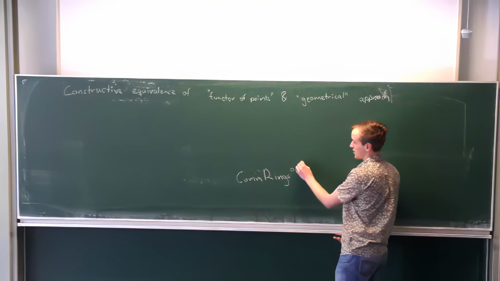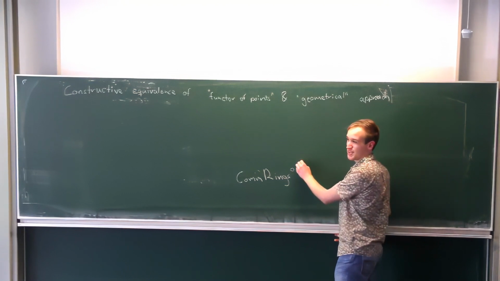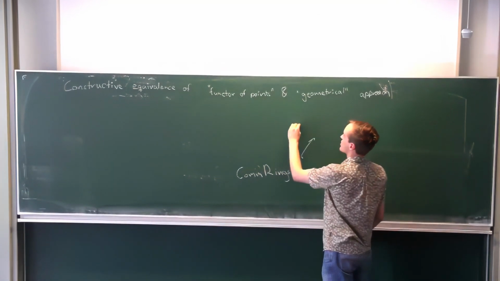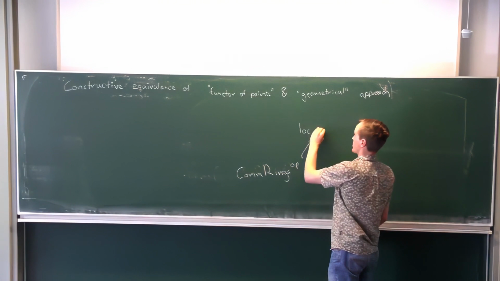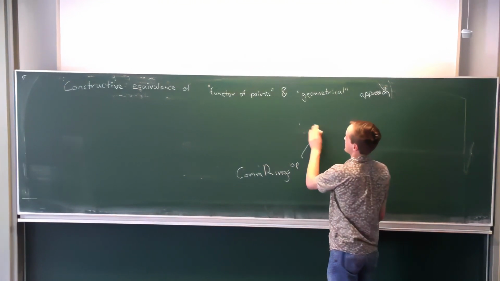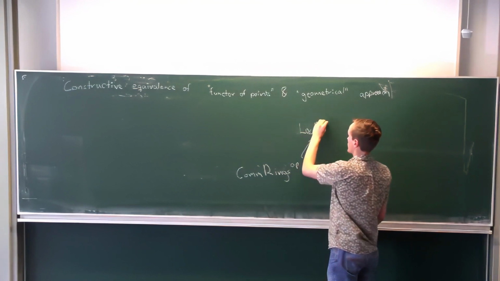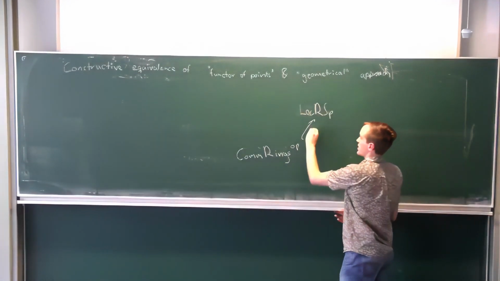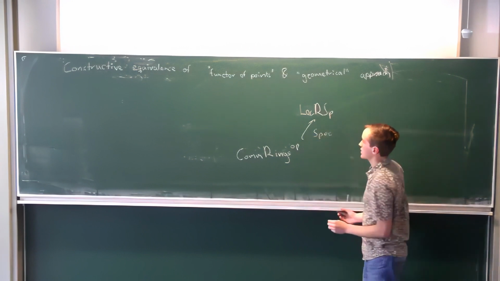The odds are that when you took your algebraic geometry class, unless you learned algebraic geometry in Augsburg, you take the category of locally ringed spaces, and this is the functor Spec.